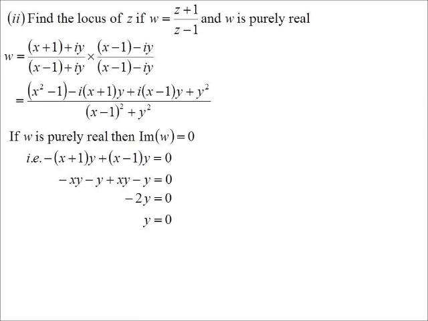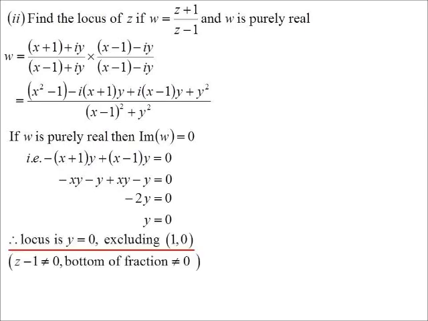So in order to get answers that are purely real, I have to substitute in numbers where y is equal to 0. Which when you think about it means the input also is purely real. So the only way we can guarantee real numbers is if we substitute real numbers into this function.